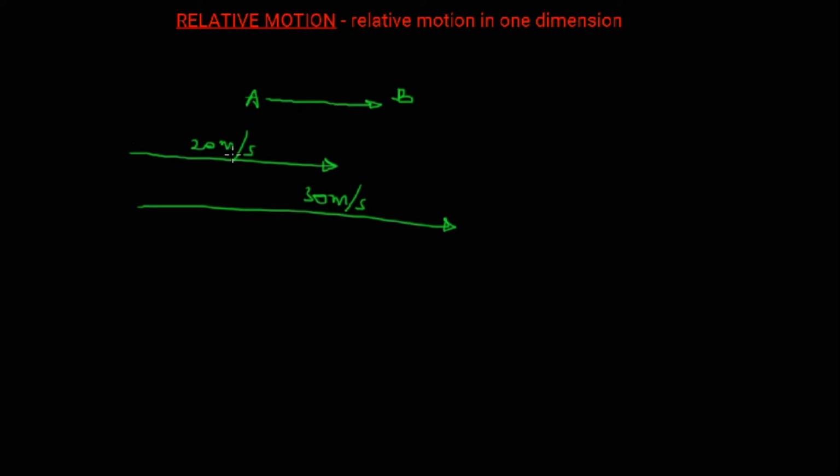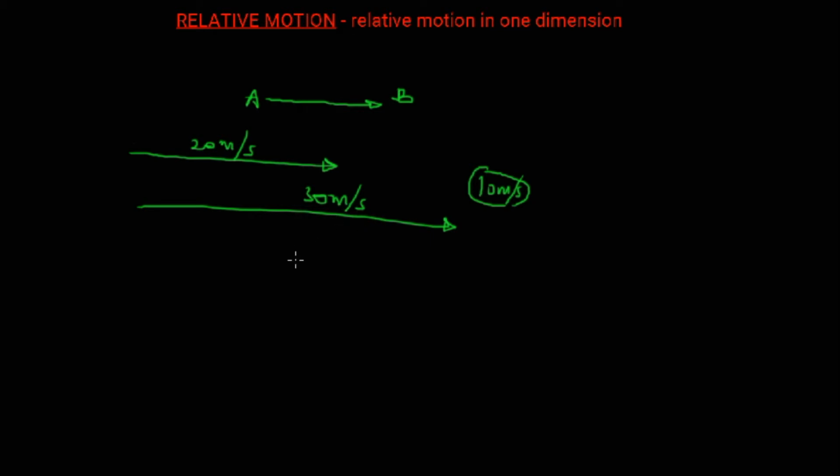The 20 meters per second you are moving at is your velocity relative to the ground, while the 30 meters per second in this case is his own velocity relative to the ground. Now, the relative velocity of your car to your brother's car is 10 meters per second in the opposite direction. I'll explain how we arrive at this in this video.